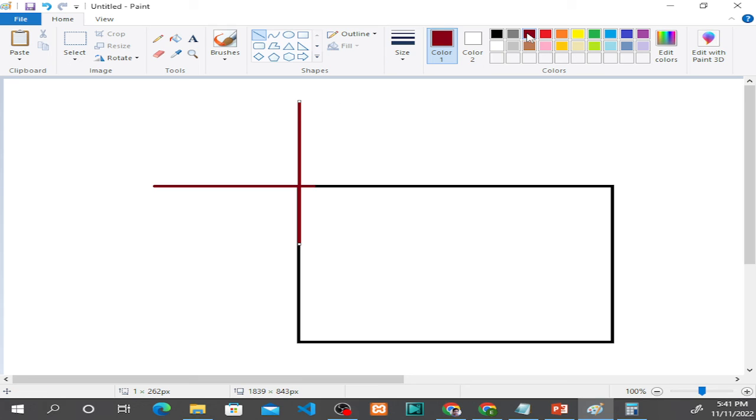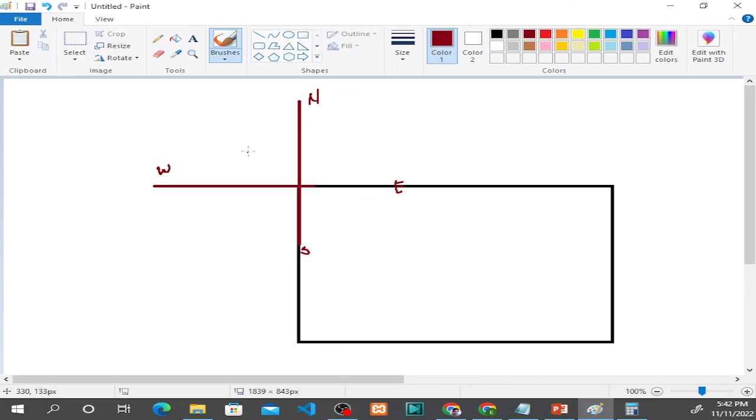I'll just stay with the red ones. Yeah, the red one's good. And then write the north. Where's the north? So customarily it's assigned right here, and then this is your east, your south, and then your west.